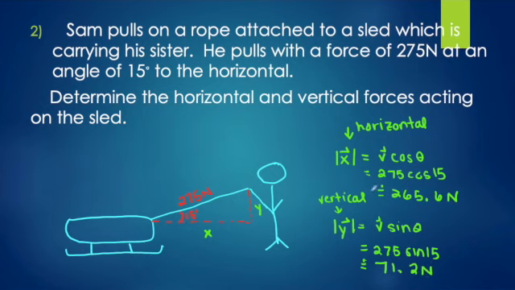Okay, so there are your horizontal and your vertical forces acting on the sled. So you know that this one would be 265.6, and then that y is 71.2. Okay, so there's another problem with a force in it, and we're just finding our vertical and horizontal, or before we found a resultant force.